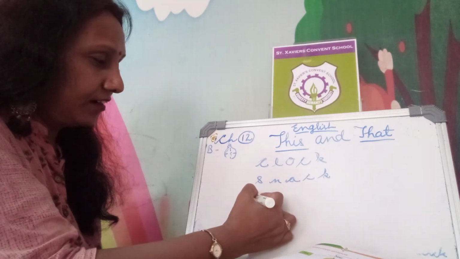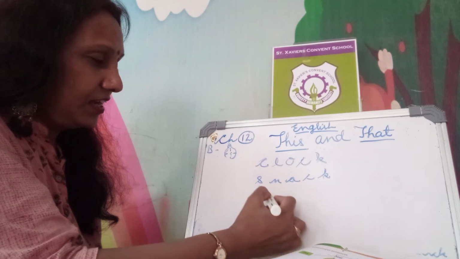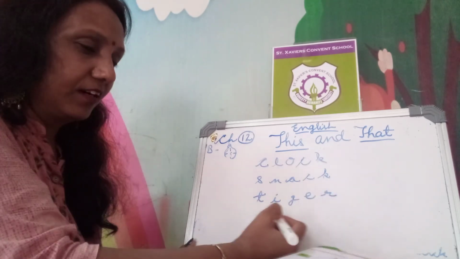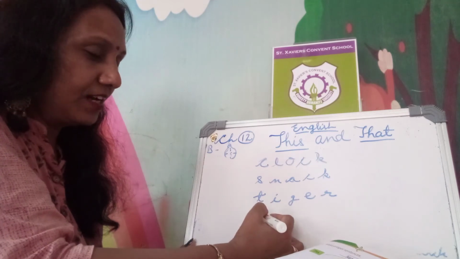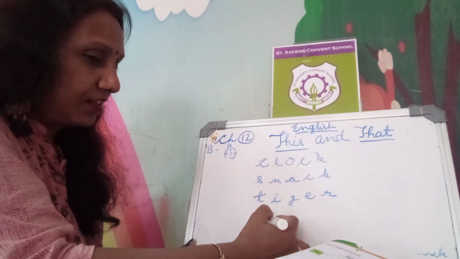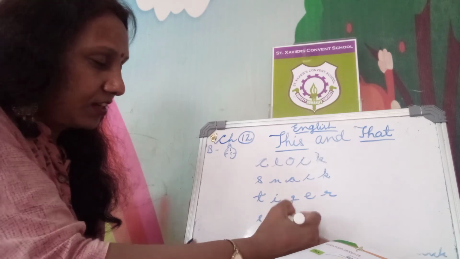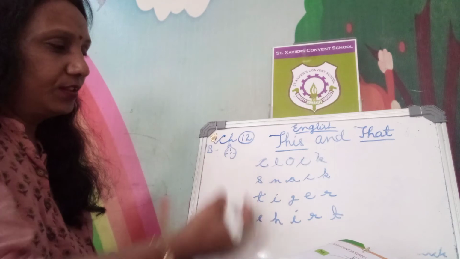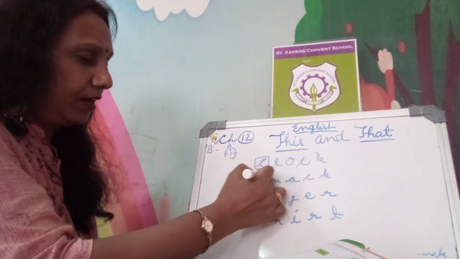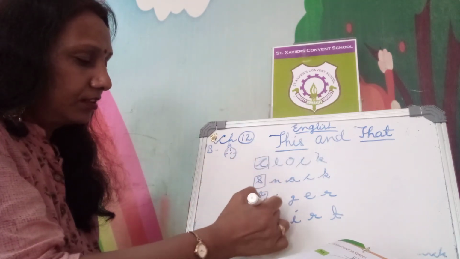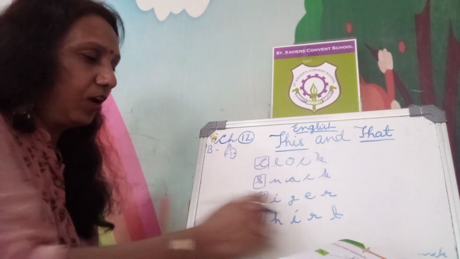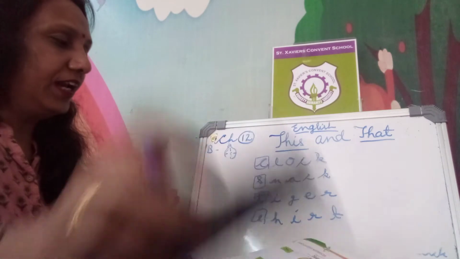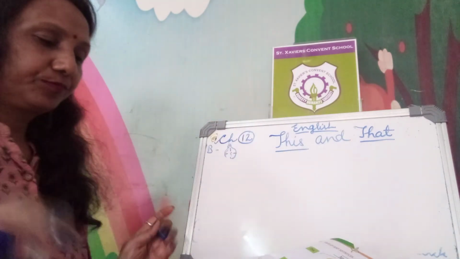This is a tiger. TIGER. Next picture, that is a shirt. SHIRT. So this way you have to fill in the different blocks with these spellings. All spellings in the blocks. Fill in all the blocks.